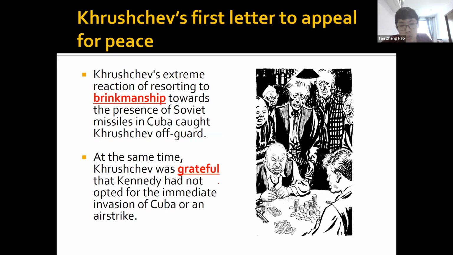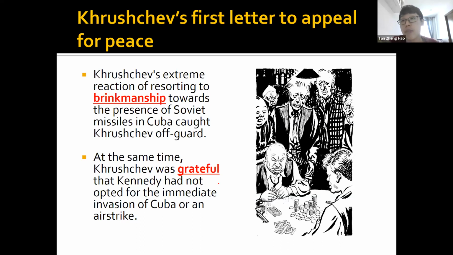Okay, so Khrushchev was very worried that President Kennedy was adopting this policy of brinkmanship. He did not expect Kennedy to take such risky moves, such as creating a blockade. But at the same time, Khrushchev also felt very lucky that Kennedy could have done a lot worse.